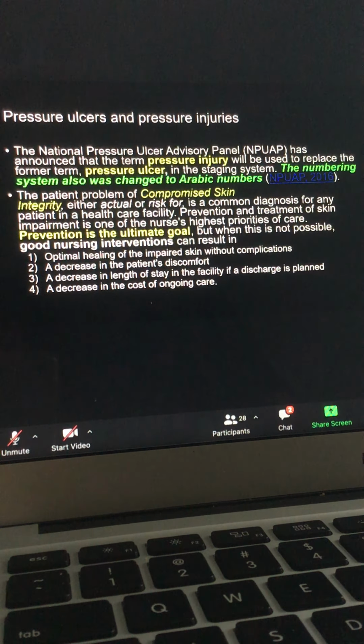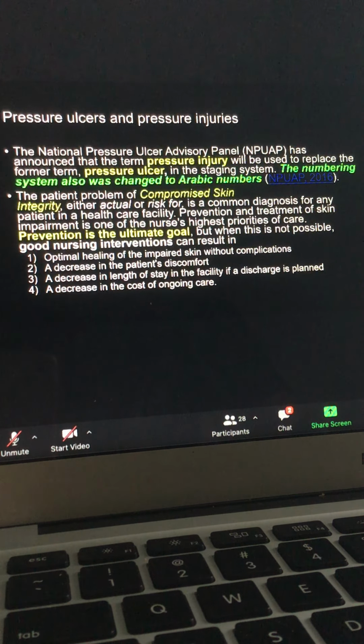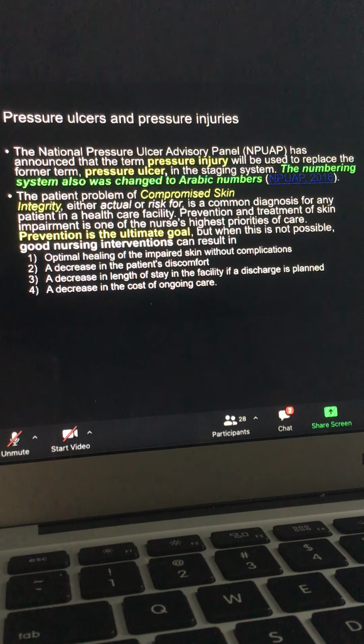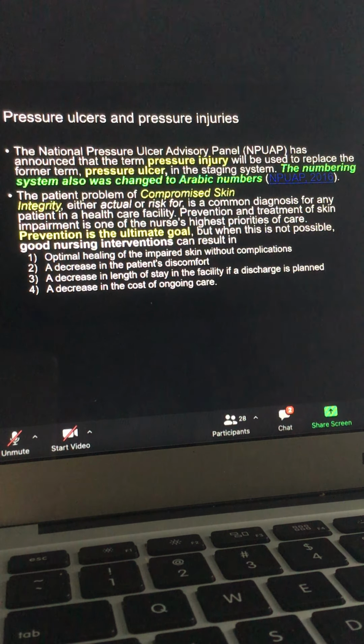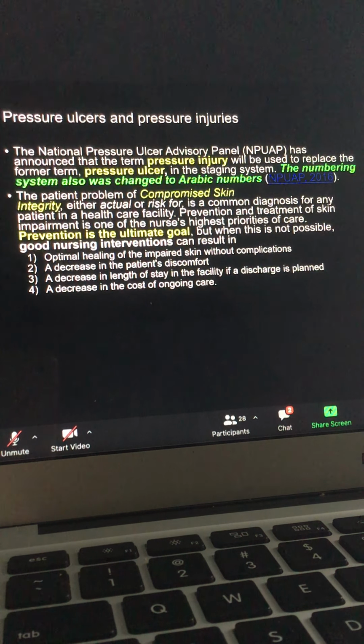This is what we commonly see in making a nursing diagnosis for someone with a skin problem, a break in the skin, or skin injury. And again, this is a general nursing diagnosis.